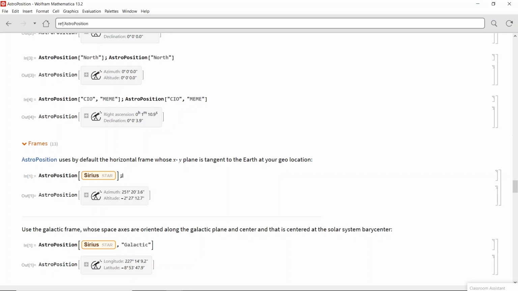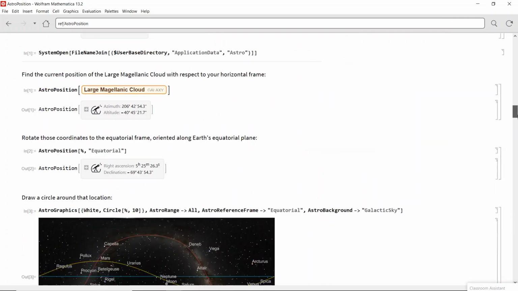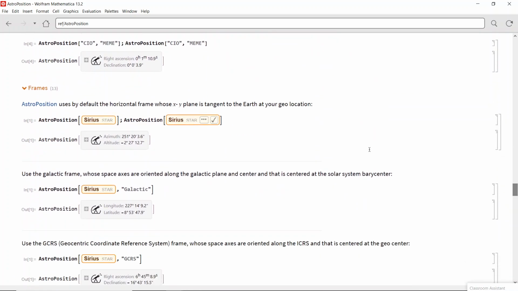AstroPosition Sirius star, AstroPosition Sirius, and it gives 118 degrees, 7 degrees. Use the galactic frame whose space axes are oriented along the galactic plane and center, that is centered at the solar system barycenter.